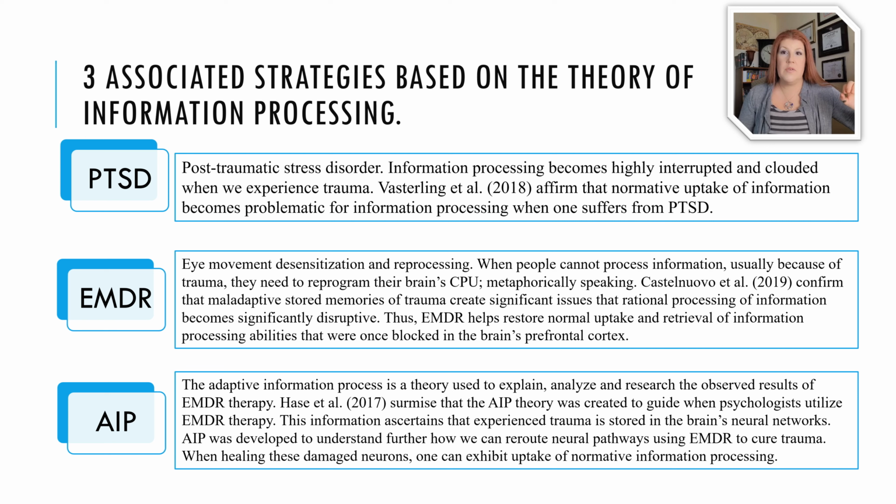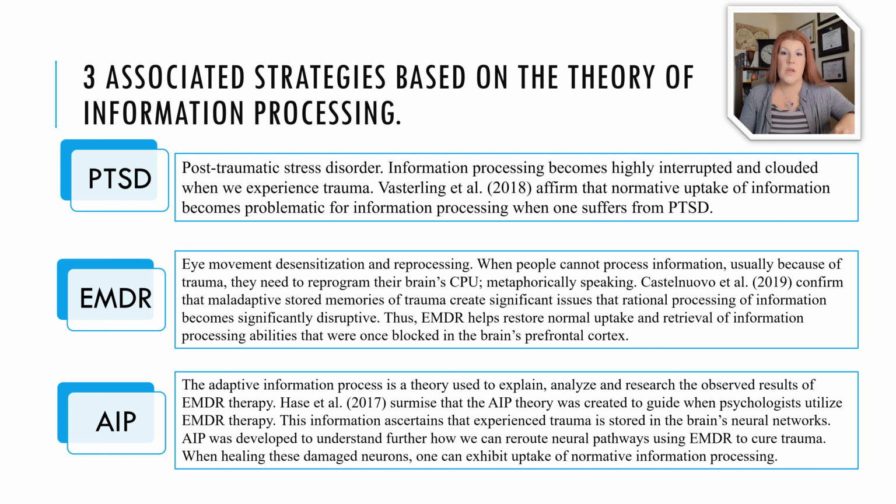The reason this information is imperative is that trauma is stored in the brain's neural networks. AIP was developed to further understand how we can reroute the neural pathways using EMDR to help ease the trauma. When healing these damaged neurons, one can exhibit uptake of normative information processing.